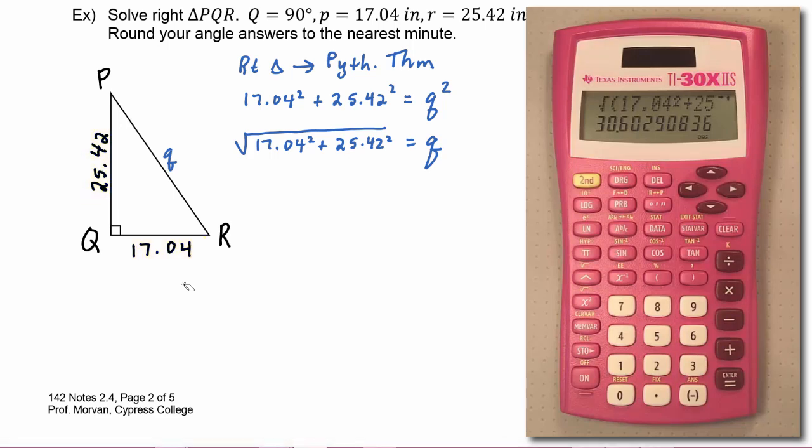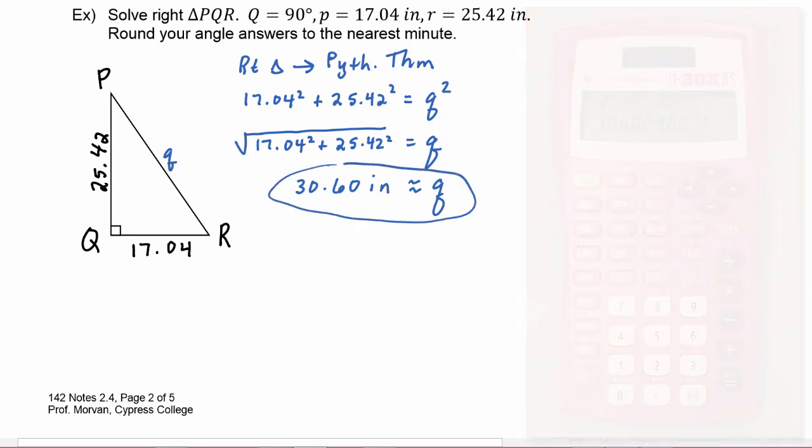And rounding this to the hundredths place, we find out that Q is going to be 30.60 inches. And we put that on our picture.